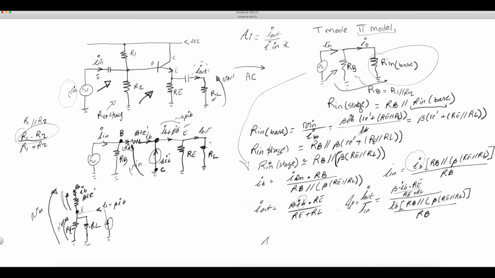And we can say with confidence that AI, we can get rid of IB here, right?